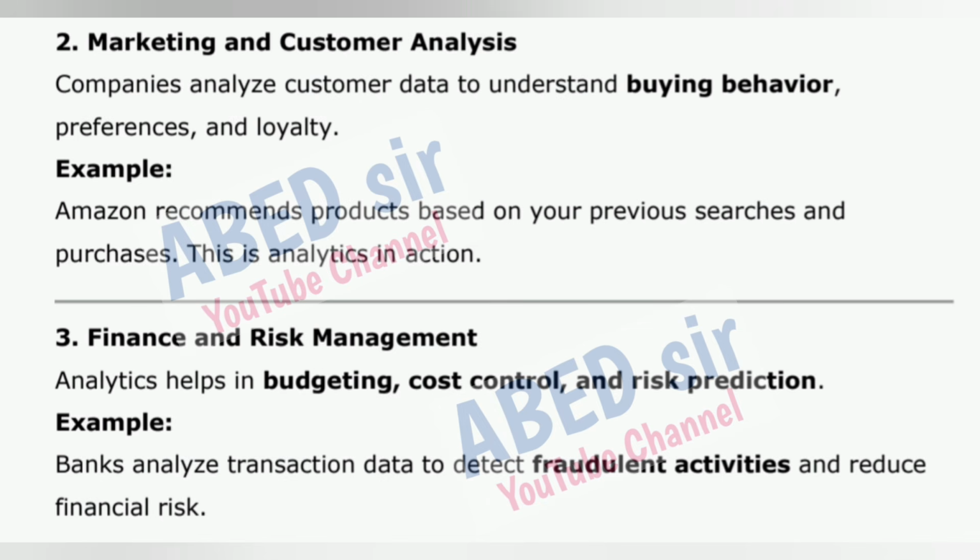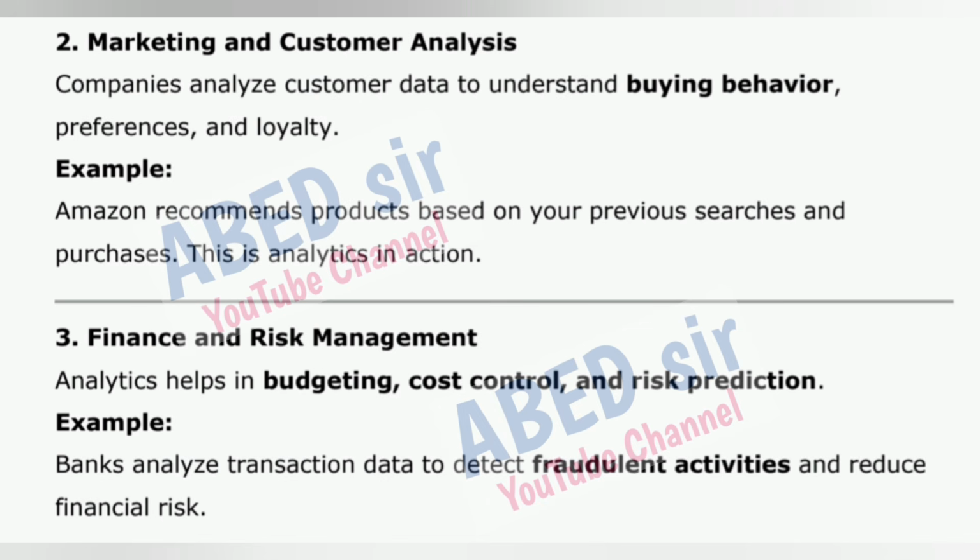Marketing and customer analysis. Companies analyze customer data to understand buying behavior, preferences, and loyalty. Example. Amazon recommends products based on your previous searches and purchases. This is analytics in action.